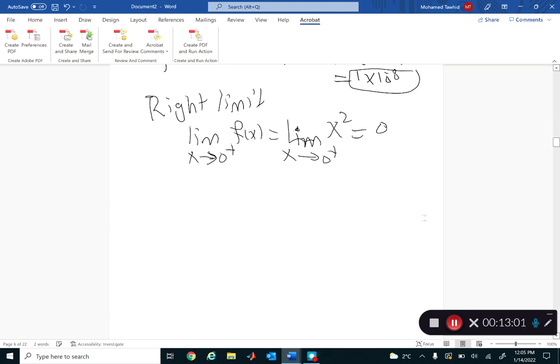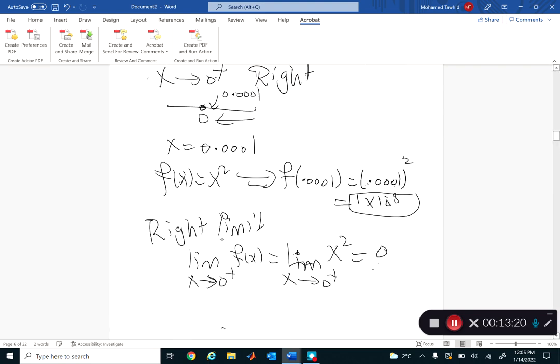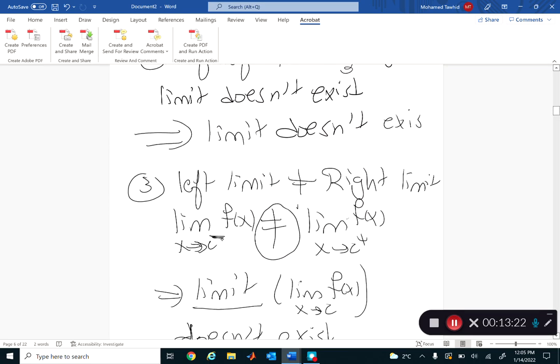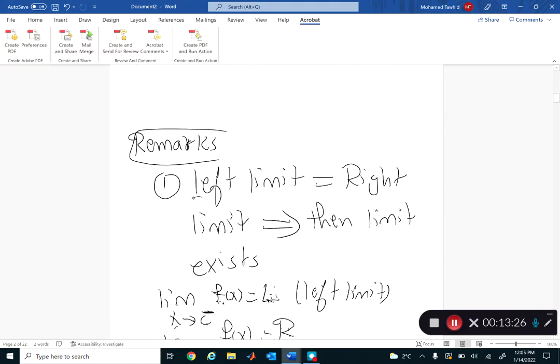So now, as you can see, your left limit equals the right limit, both of them close to 0. Then our limit as x goes to 0 exists. Look at the remark I wrote, number 1: if the left limit equals the right limit, then the limit exists.